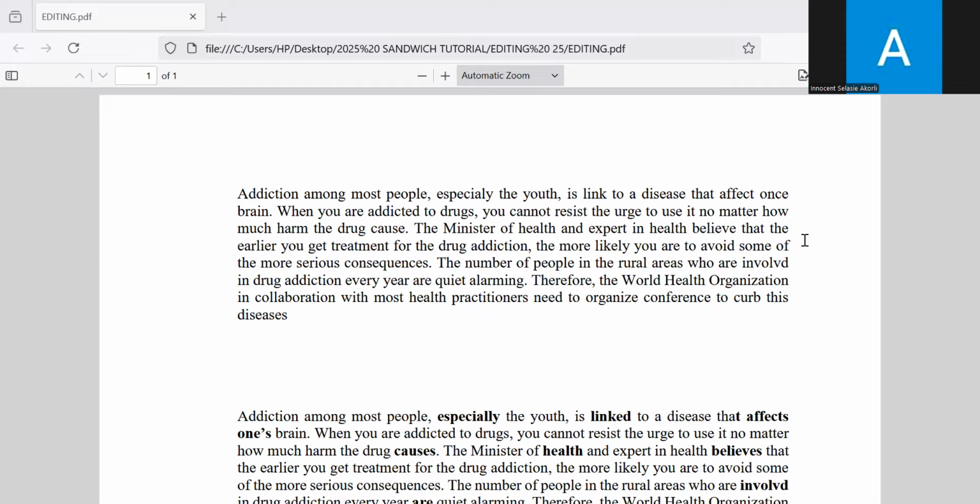addiction among most people, especially the youth, is linked to a disease that affects once. The possessive marker once is not ONCE.